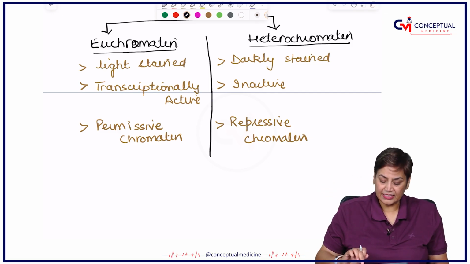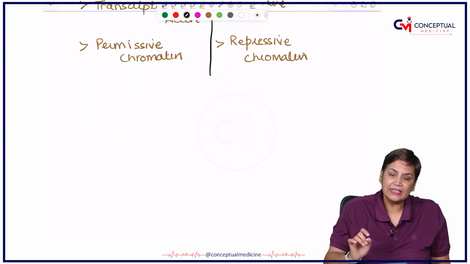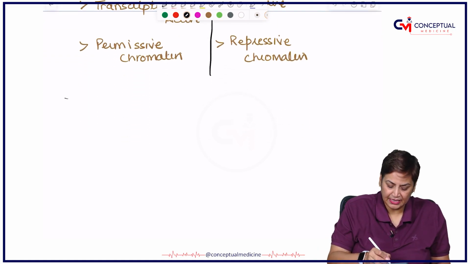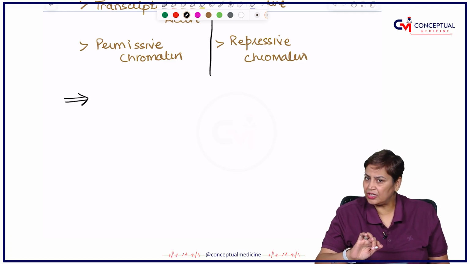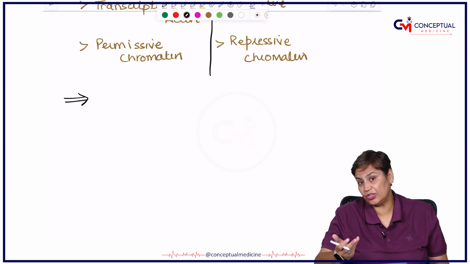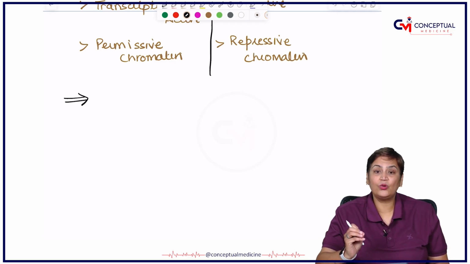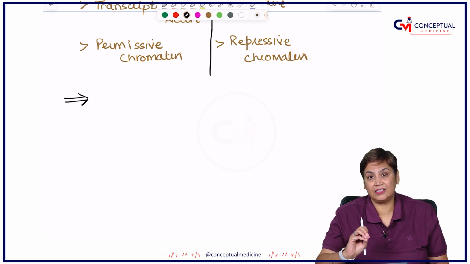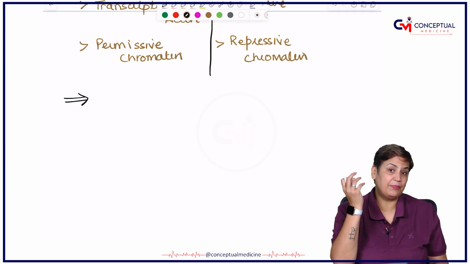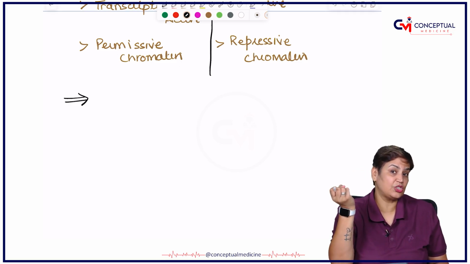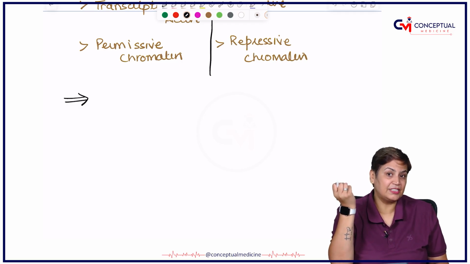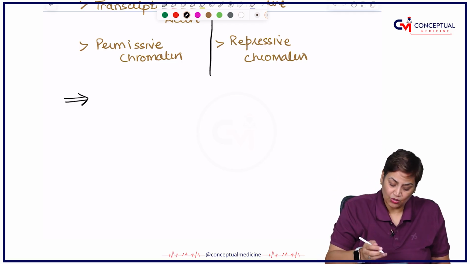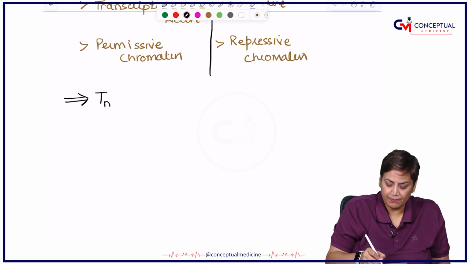Now after organization, we come to the fact that this DNA can undergo denaturation, it can undergo renaturation, right? We can easily denature the DNA strands, and the temperature at which this denaturation of DNA occurs, we call the melting temperature of DNA, which is also known as Tm.